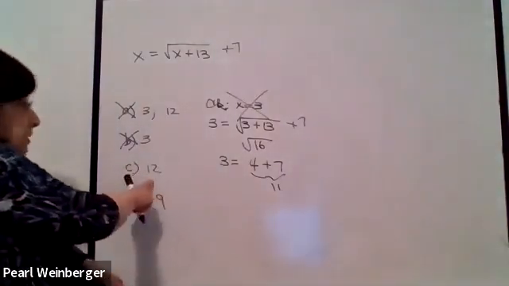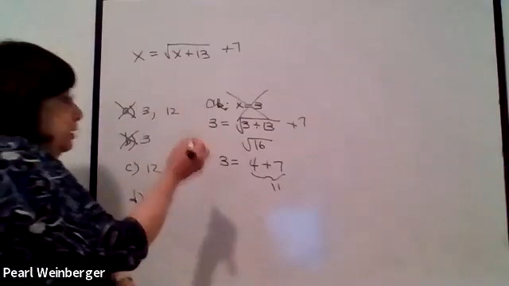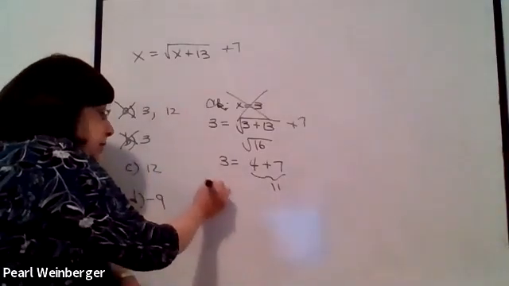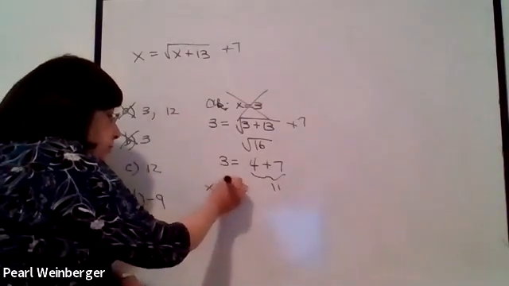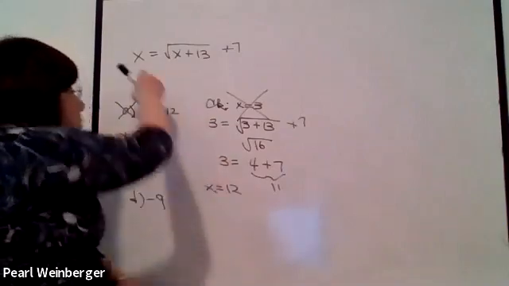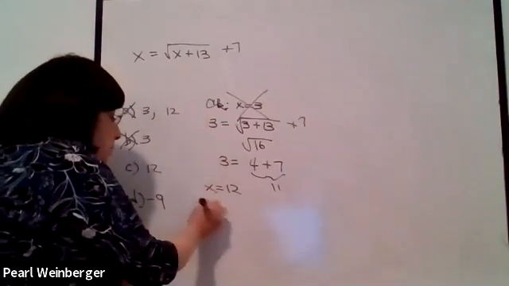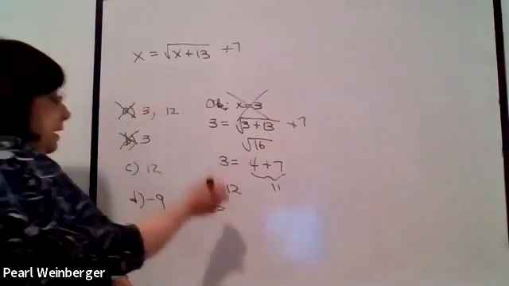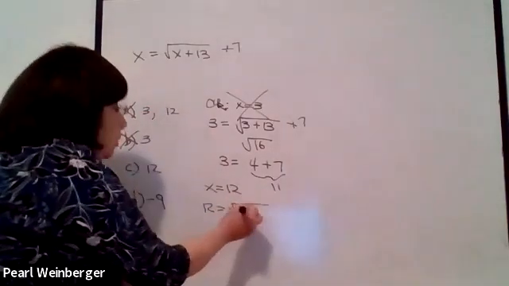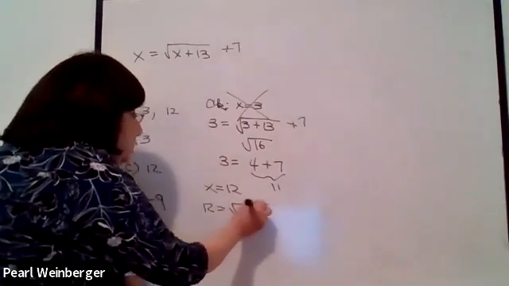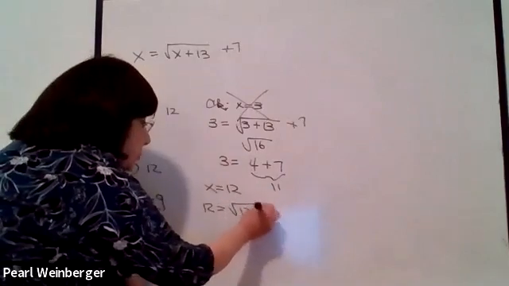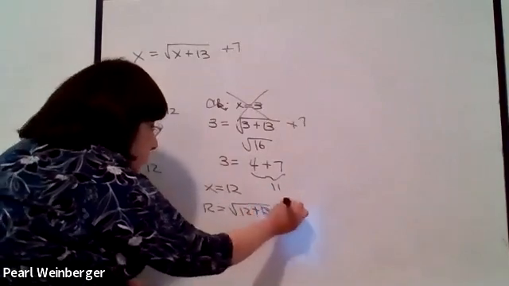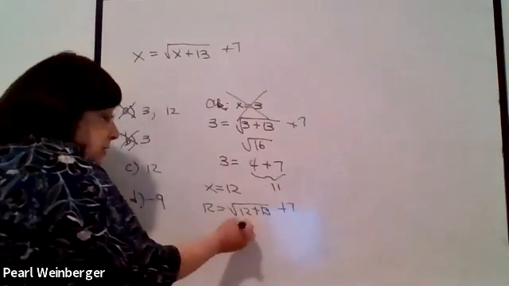Okay, the next thing I see is 12. Let's try 12. So I'm going to check with x equals 12. Again, I'm going to put 12 in place of my x. So it's 12 equals the square root of 12 plus 13, plus 7. Now 12 plus 13 is 25.